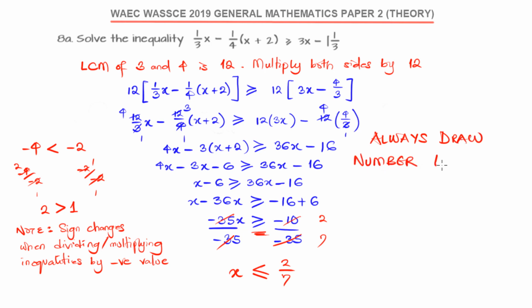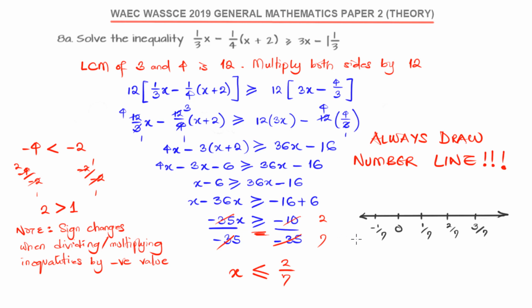Now, after doing a question like this, as a rule of thumb, it is always better that you draw your number line. Even if you are not asked to do that, to get your full mark, especially in theory questions like this, just also draw the number line. It's not going to take you much. In this particular case, we have 2/7, so I can use a scale of 1/7 on the number line. This now will be 3/7.